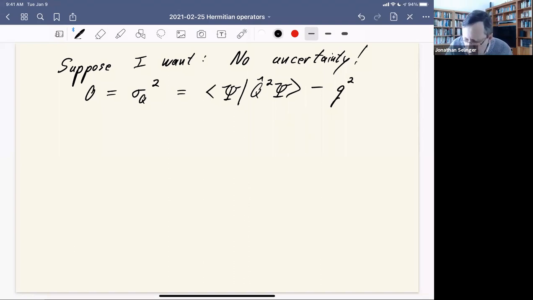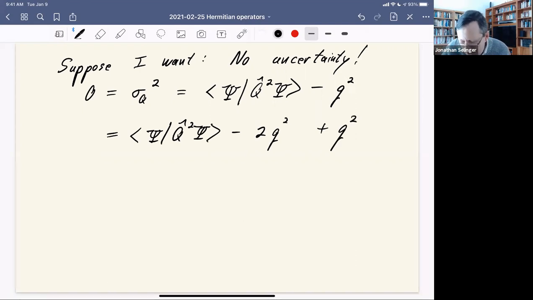I'm going to rewrite this in a clever way. So let's rewrite this as psi with Q squared psi minus 2 little q squared plus little q squared.